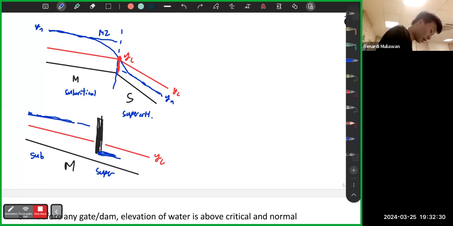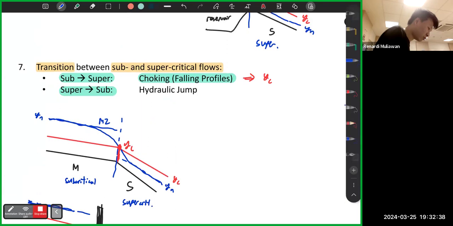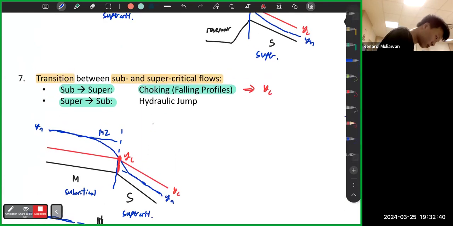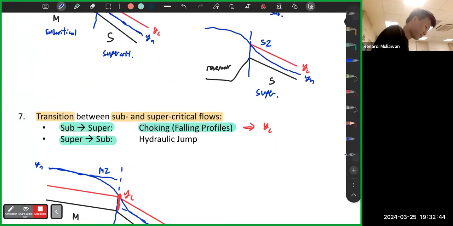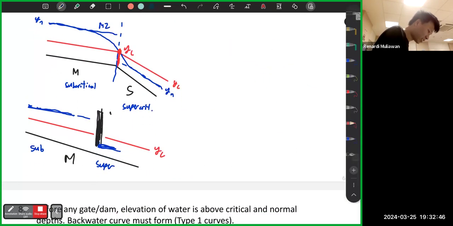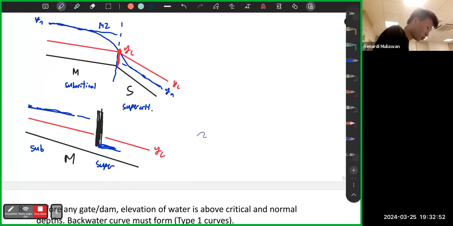Then if you remember, this is a mild slope. So by right, if there's nothing here, it's a downstream control. Subcritical is the downstream control. So in this section, we only care about what's happening downstream. If there's nothing downstream, then it should go back to YN.